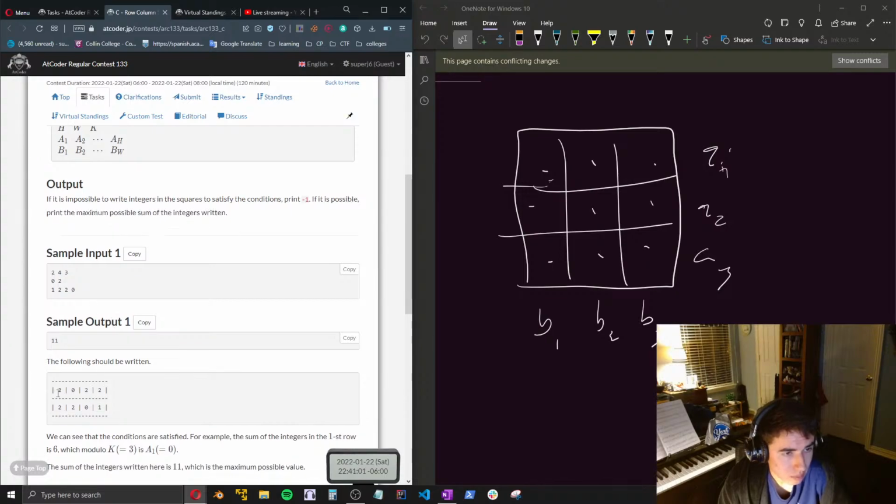Here we can see the sum. It's 0, 2, 4, 6. Modulo 3 is 0. 2, 4, 5. Modulo 3 is 2. We have 1, 2, 2. Okay.